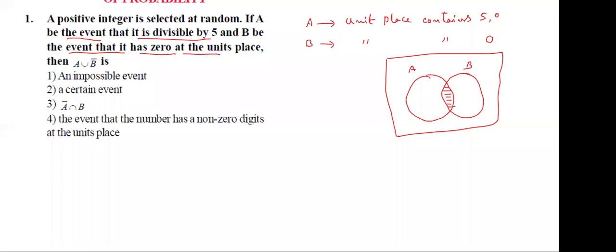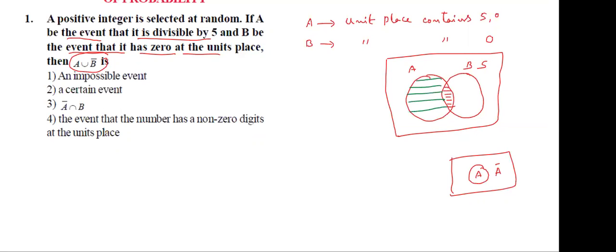Already you know very well, suppose the circle is A, the outside part is A complement. Here they are asking for A union B complement. A union B complement means what? This part only.